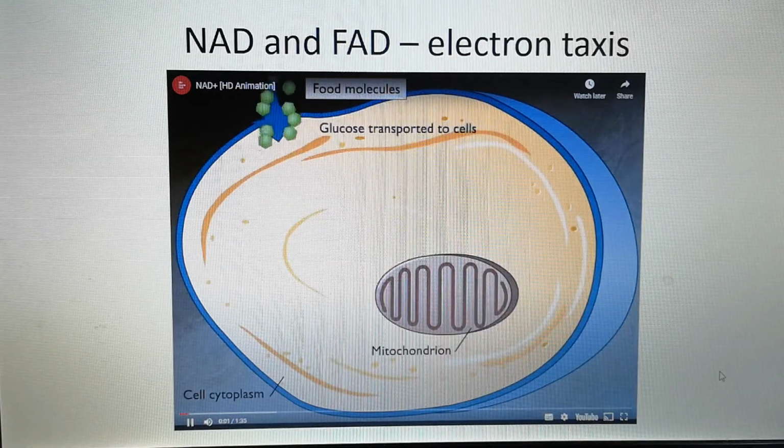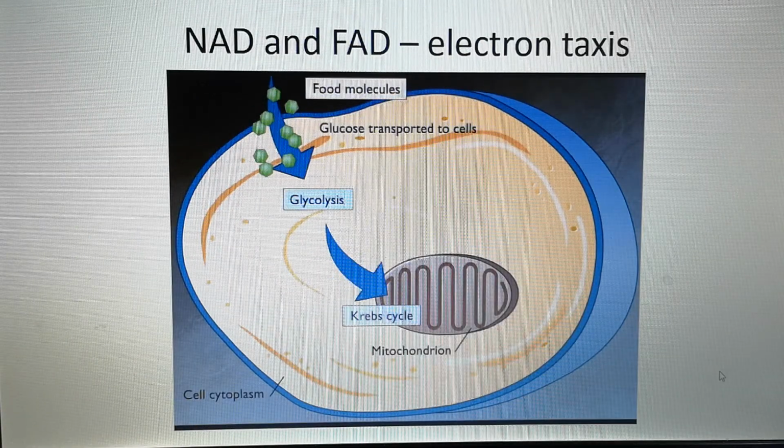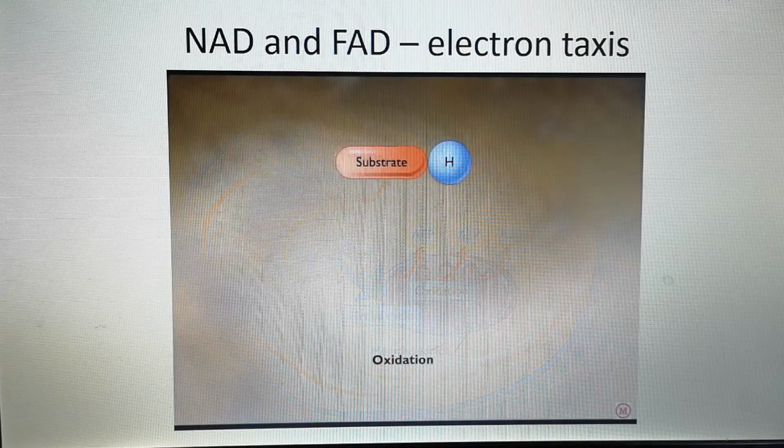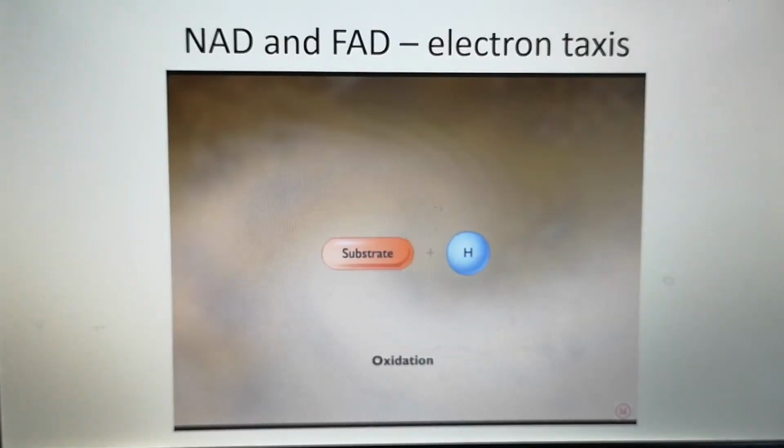Cells obtain energy during cellular respiration by oxidizing food molecules such as glucose. The energy derived from these oxidation reactions is used to form ATP. Oxidation can be defined as the removal of hydrogens from a molecule. Since a hydrogen consists of a proton and an electron, both are removed during oxidation.